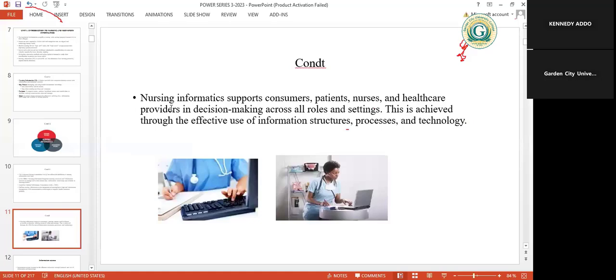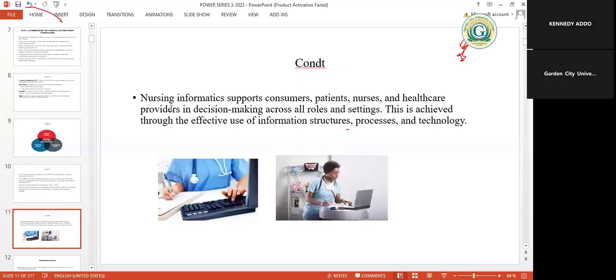Now, nursing informatics supports consumers, patients, nurses, and healthcare providers in decision-making across all spheres of healthcare delivery, or across the diverse roles of nurses in informatics. This is achieved through the effective use of information structures, processes, and technology.